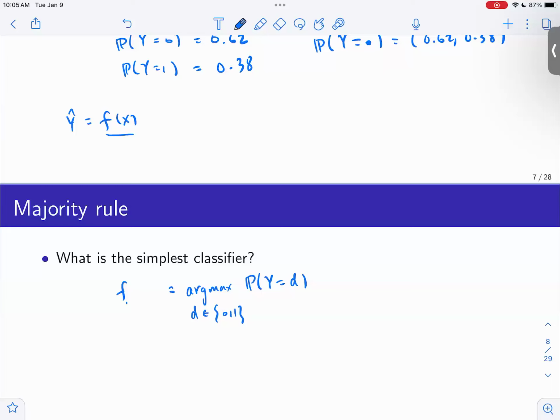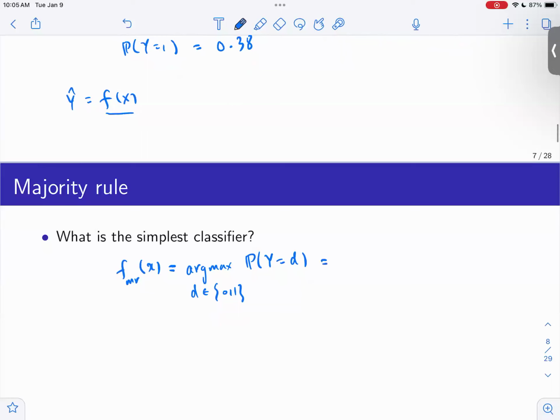Okay, so let's call this MR, majority rule. It depends on X, but really doesn't depend on X, so it's going to be constant. In this case, it's going to turn out to be just 0, the constant function 0 for X in F and M, right? So that's our simplest classifier.